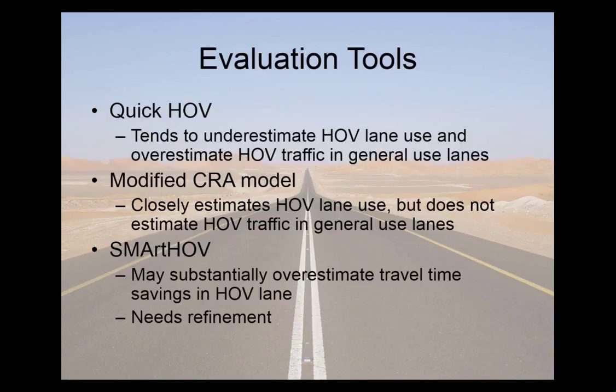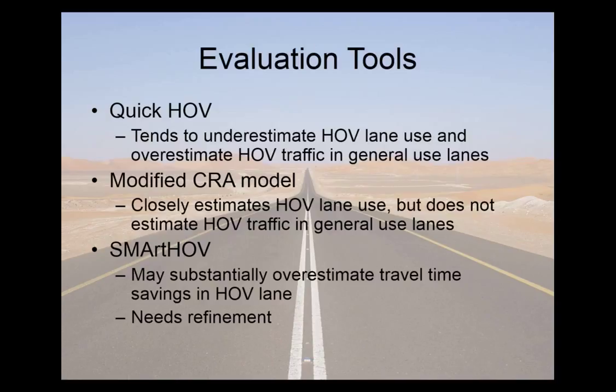Another demand estimation technique is the modified Charles Rivers Associates model. This model more closely estimated the number of HOVs using the managed lanes, but it did not estimate the volume of HOV traffic using the general use lanes. And finally, there's a program called Smart HOV, which is used to estimate the travel time savings from HOV lanes.